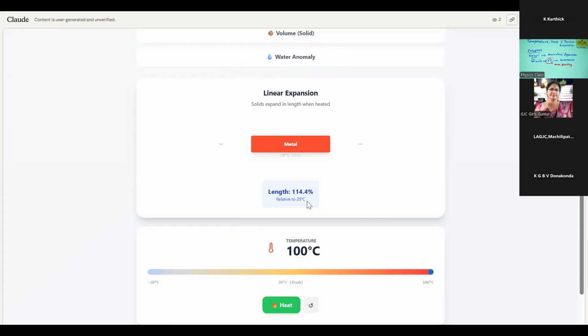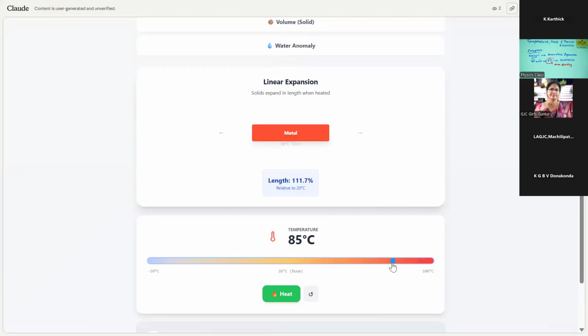Now use the slider to cool down to 0 degrees Celsius or minus 10 degrees Celsius. The bar contracts, becoming shorter than the 20 degrees Celsius reference. So it works in reverse. As we remove heat, the material contracts.